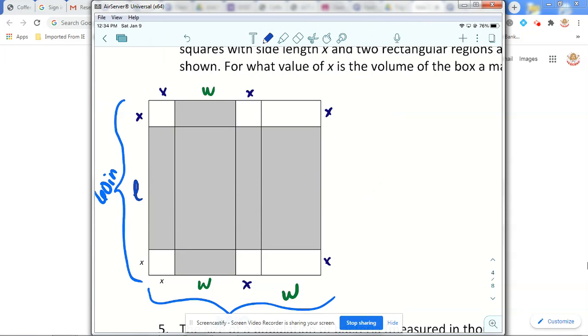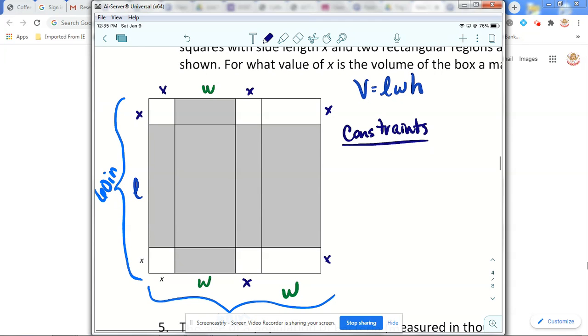We're going to start off, they went ahead and told you we are maximizing the volume. And so we have to work with several constraints. So to begin with, if we look at the left side, I know that if I take two X's and an L, it should add up to 60 inches. And then we're going to want to solve these for L because X is going to be the variable we want in our answer.